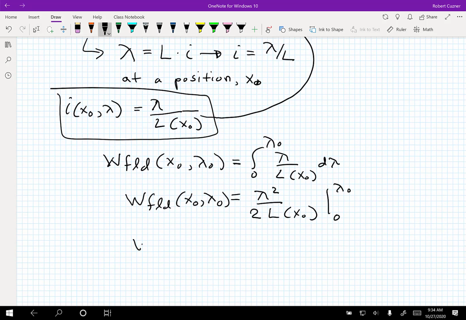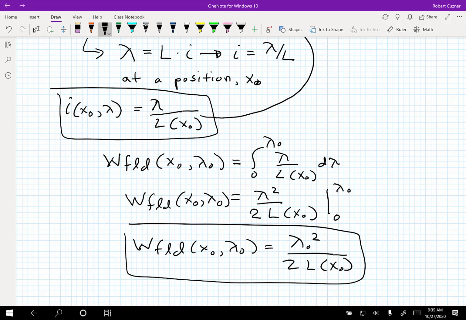So the final expression is lambda 0 squared over 2L x0.